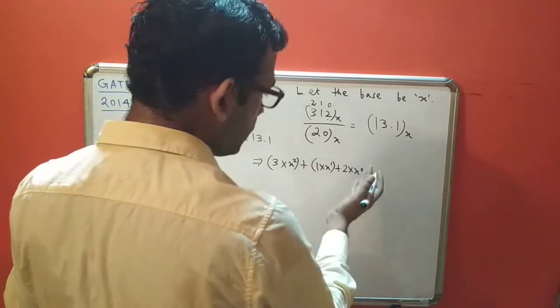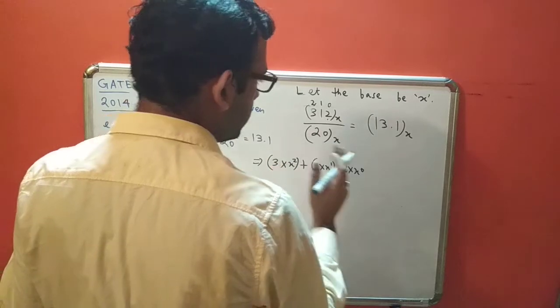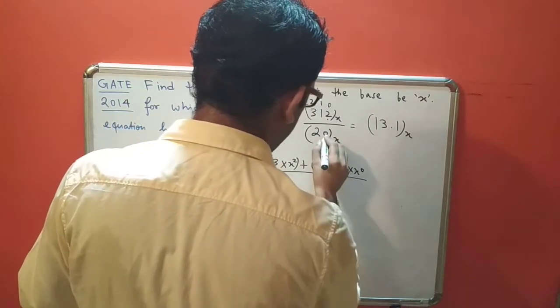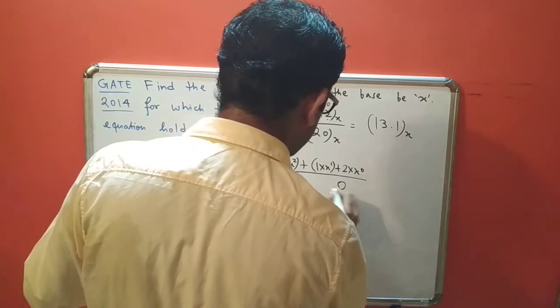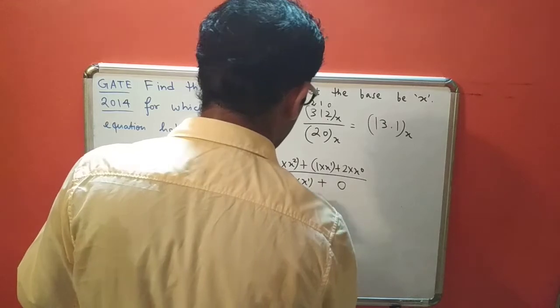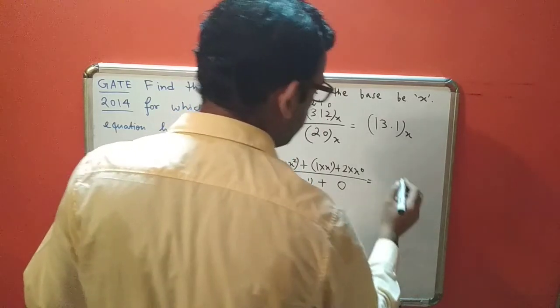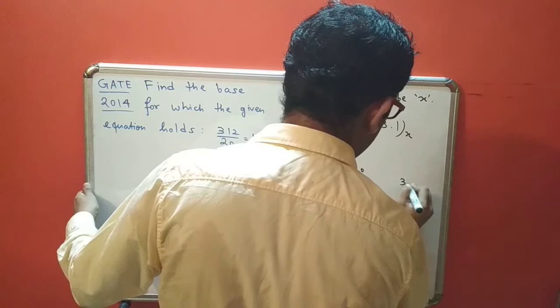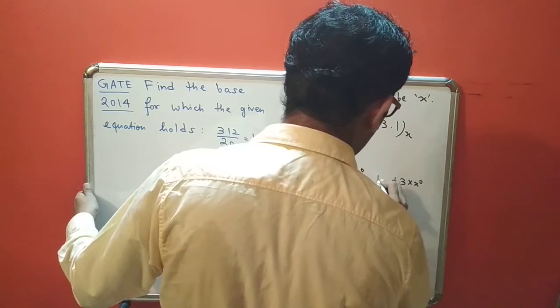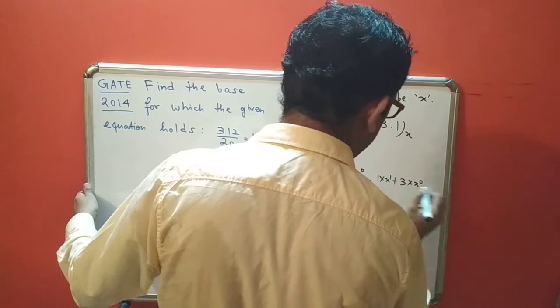This is how you should write it, from right to left, in order to avoid calculation errors. Same for this. Now anything multiplied by 0 will give me 0, so this is 0, added with 2 into x raised to the power of 1, which is the same as 3 into x to the power of 0 plus 1 into x to the power of 1.